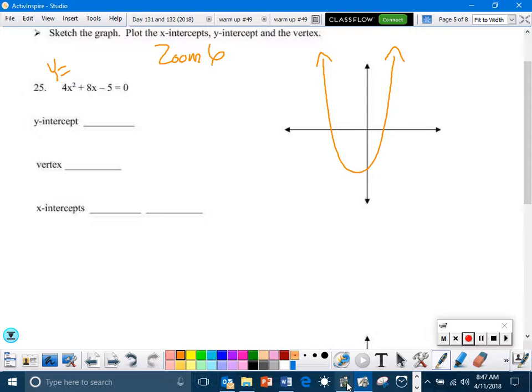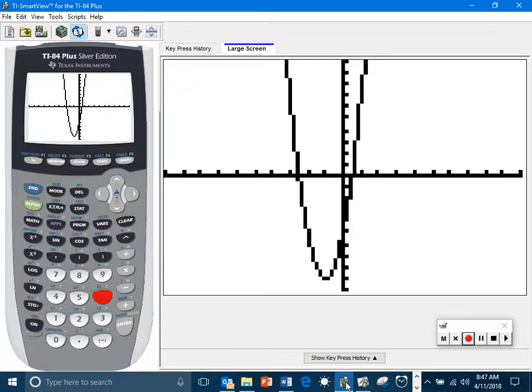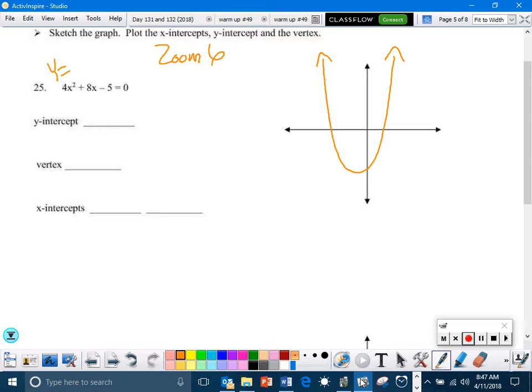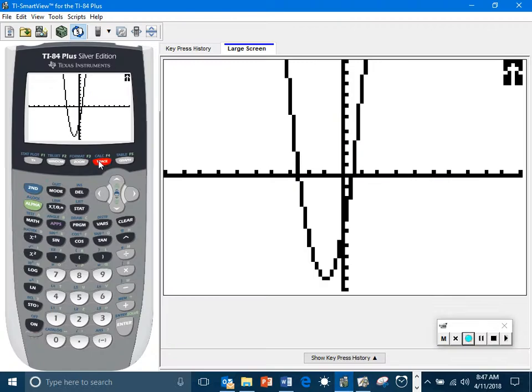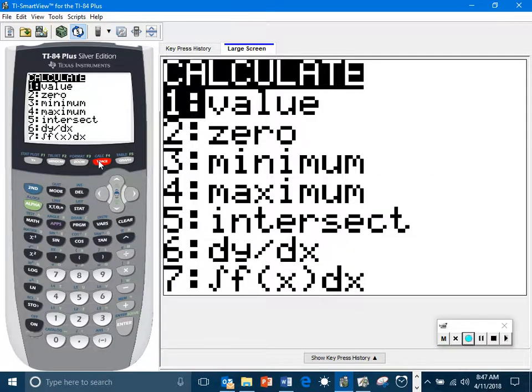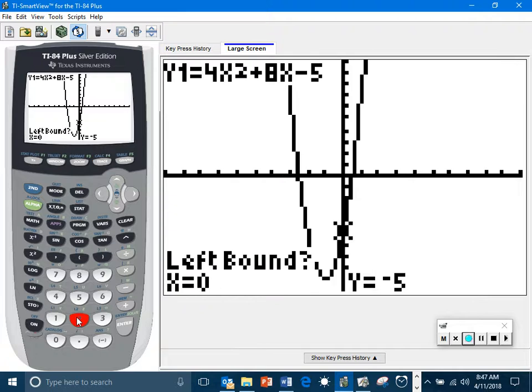Now, the next thing I'm going to do is hit the trace button. Actually, second trace. Sorry about that. Second trace. I'm going to pick number 2.